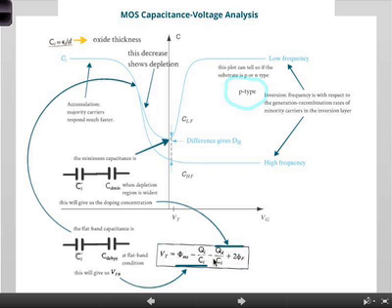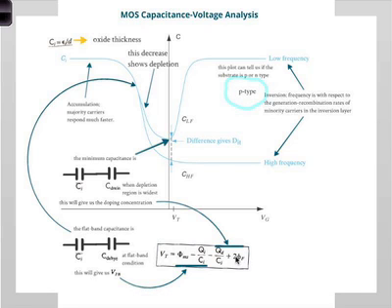And the last two terms can be calculated from the doping concentration. Because QD is just the depletion charges. Phi F, remember, is just the difference between the intrinsic level and the Fermi level. Again, it comes from the doping. So by measuring this capacitance voltage curve, we can actually determine experimentally what the threshold voltage is. Very important parameter of the MOSFET.